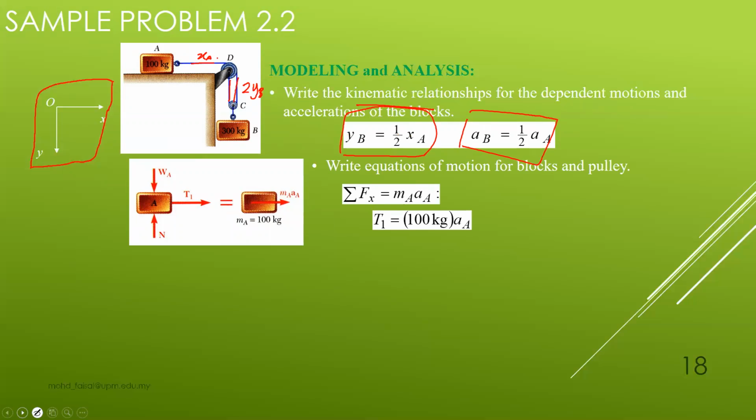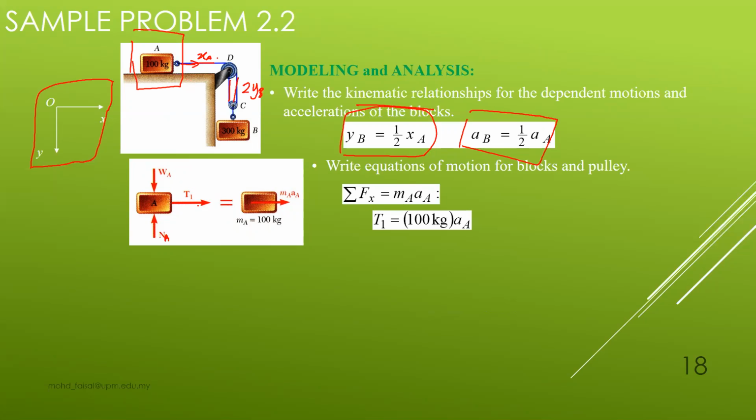Write the equation of motion for the block and pulley. We go one by one. First, we look into this particular box A. For box A, what we have is the normal force NA, and the weight of this block, WA, and the tension T1 going that way.